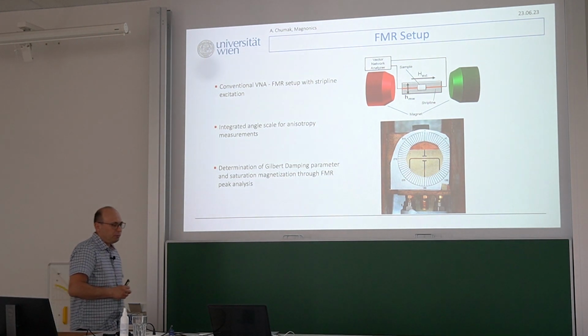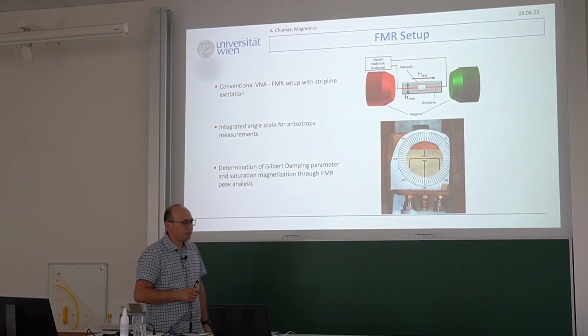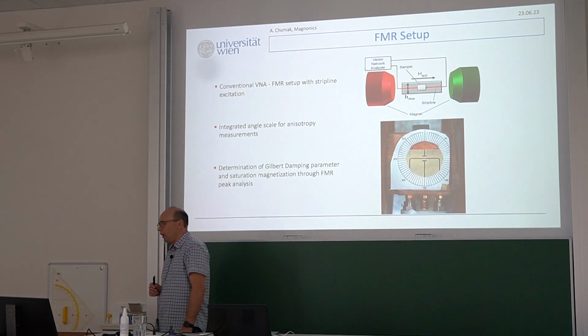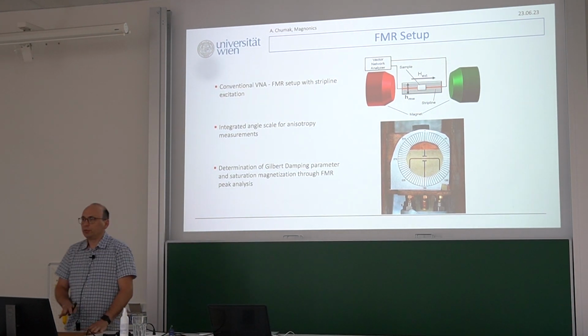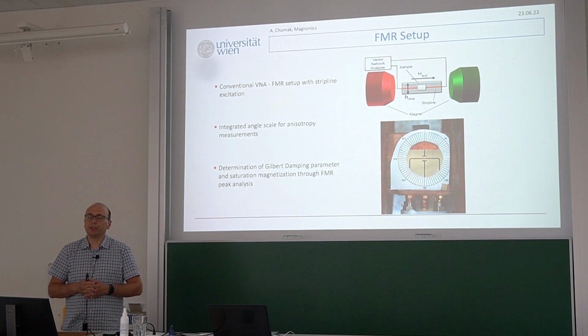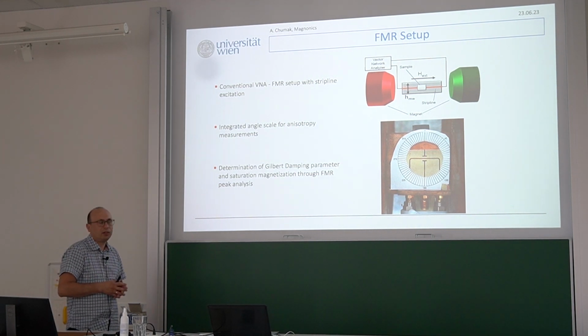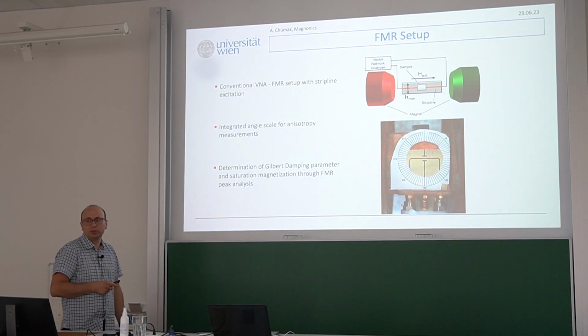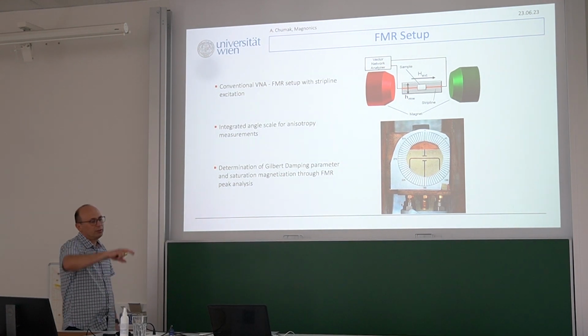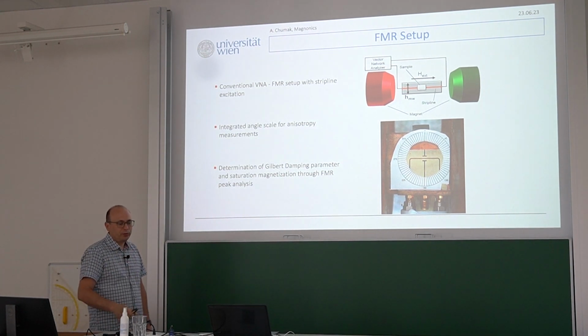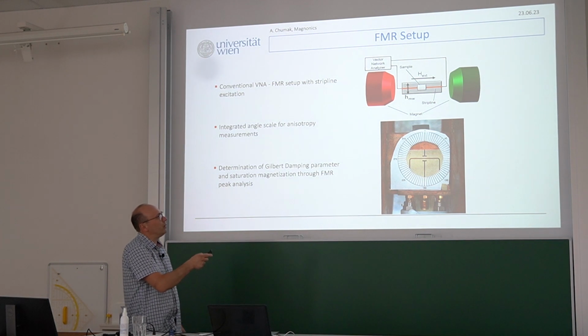In some cases, people need to do angle resolution. For example, if you work with a cubic crystal and you want to define crystallographic constants, you can do this using ferromagnetic resonance. For this, you need to turn the crystallographic axis of your sample with respect to the applied magnetic field.